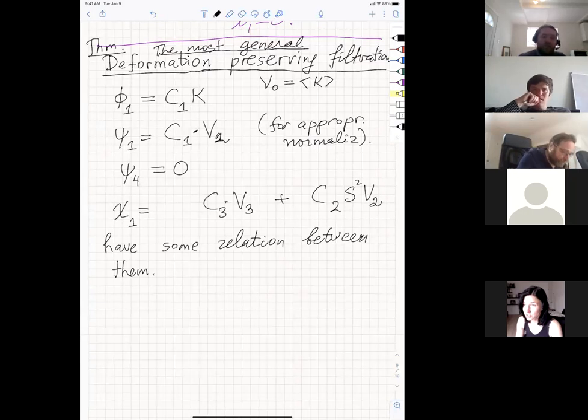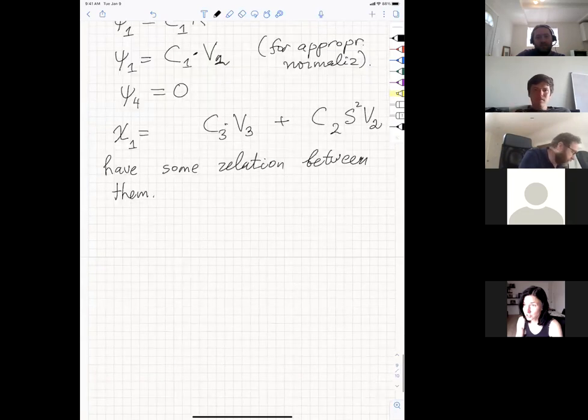I'm not going to write down this relation, but basically, this is the most general deformation.